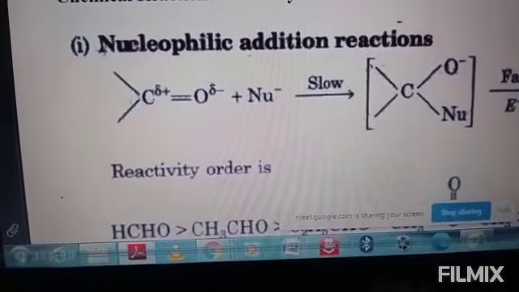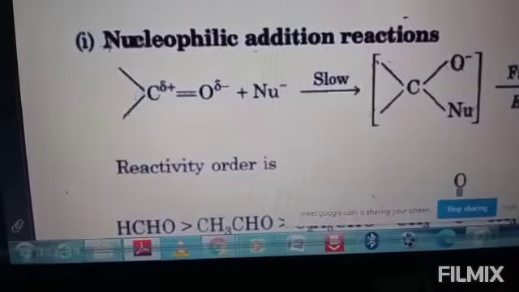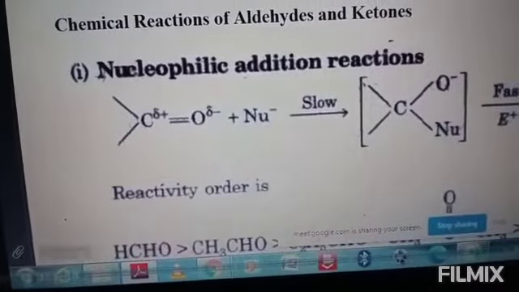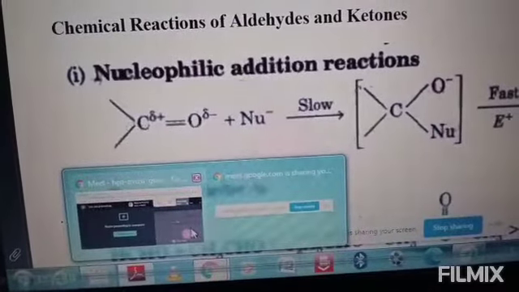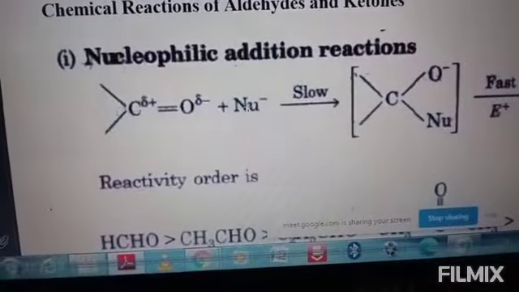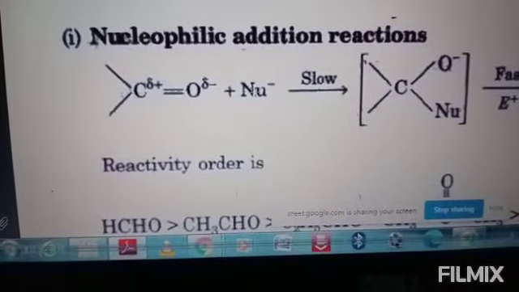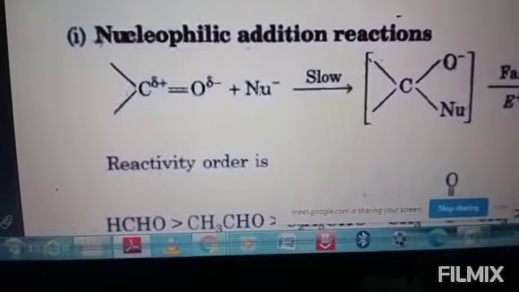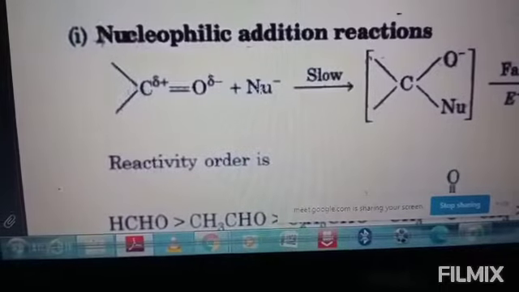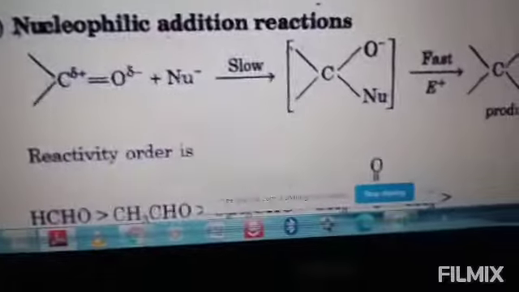The carbon in which the functional group of aldehydes and ketones is attached is what we call the carbonyl carbon. This carbon is of carbocation nature, so a nucleophile can easily attack it. Nucleophile means electron donors, so electron donors can easily attack, thereby you will get an intermediate compound.